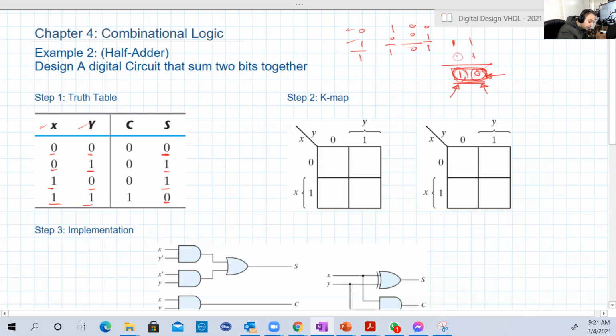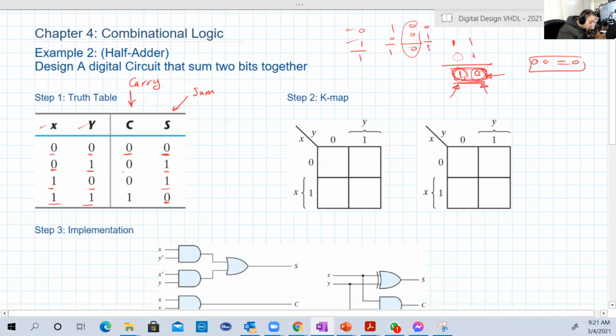So we need another column, another bit for the output, called the carry bit, and this is the sum bit. Remember, we don't have a carry when we added 0 and 0, so this was 0.